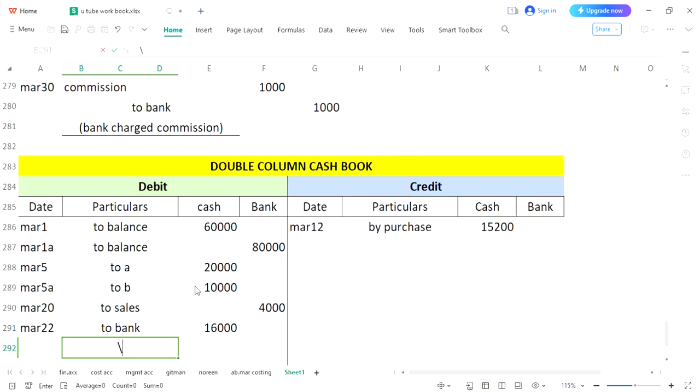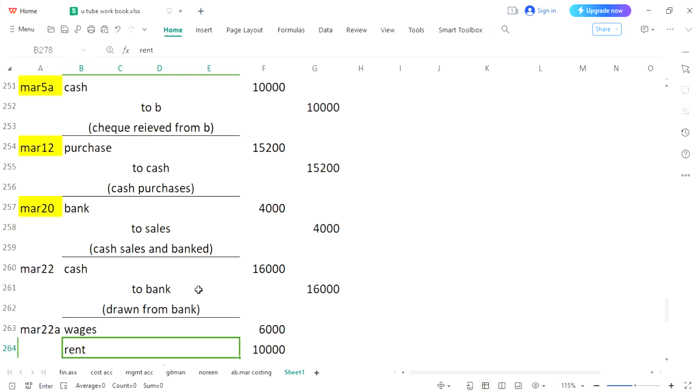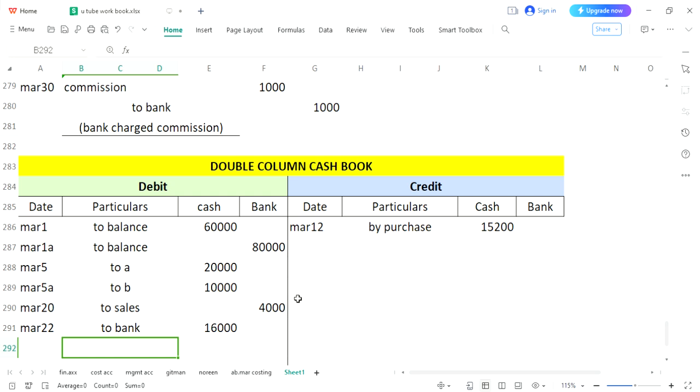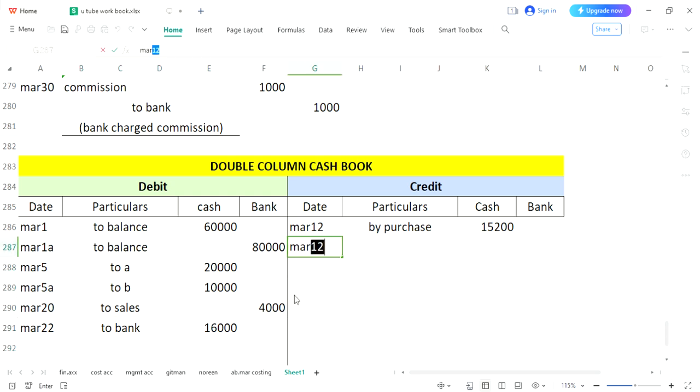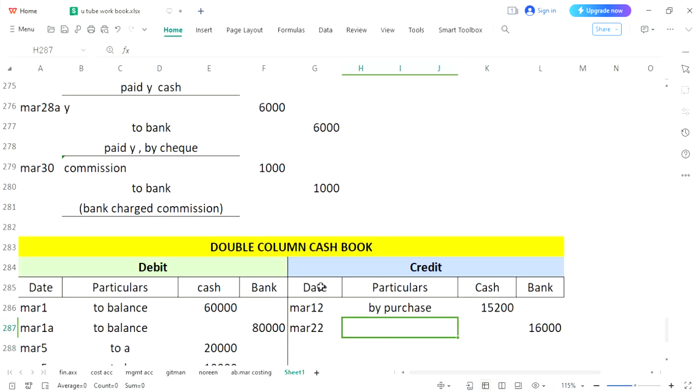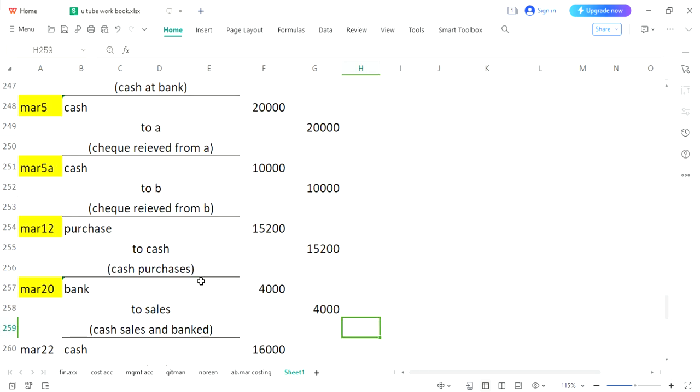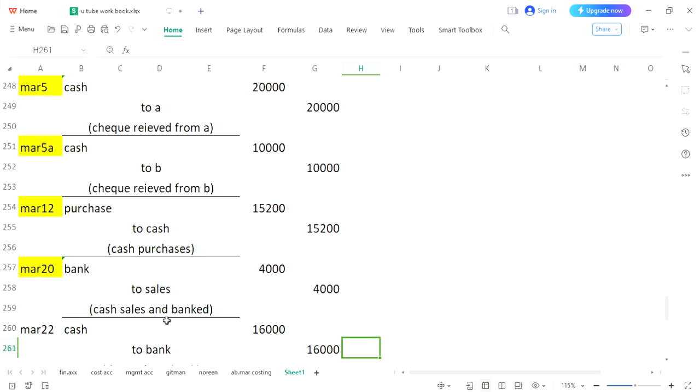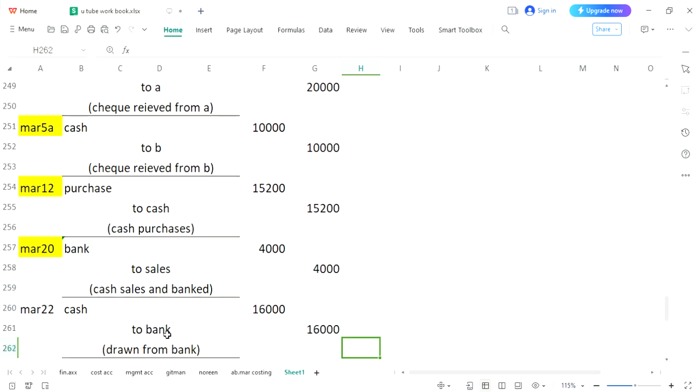Half part of March 22 is completed, where cash was debit, and now you can see bank is present on credit side March 22. So here we will come to the credit side March 22. Bank is present on credit side 16,000. You will put the amount and now see the reference. As you can see that bank was credit 16,000.